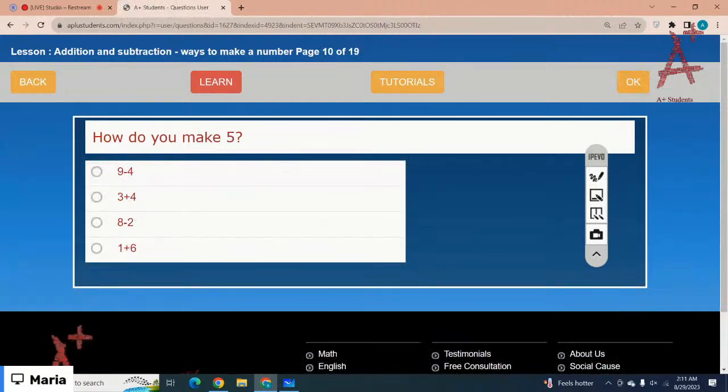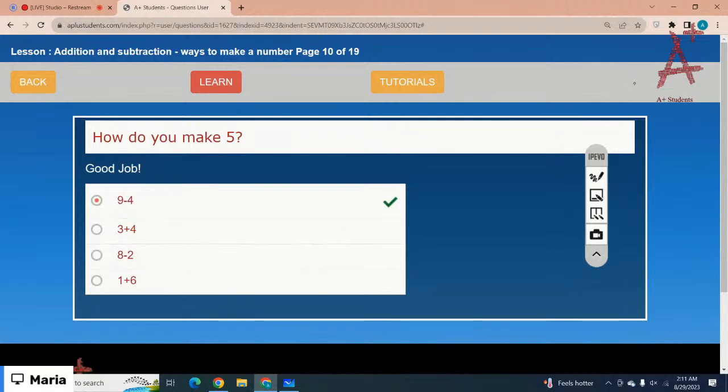Which is the correct option? 9 take away 4 equals 5. Option number 1 is the correct option, right? 9 take away 4 equals 5. Option 1 is the correct option.